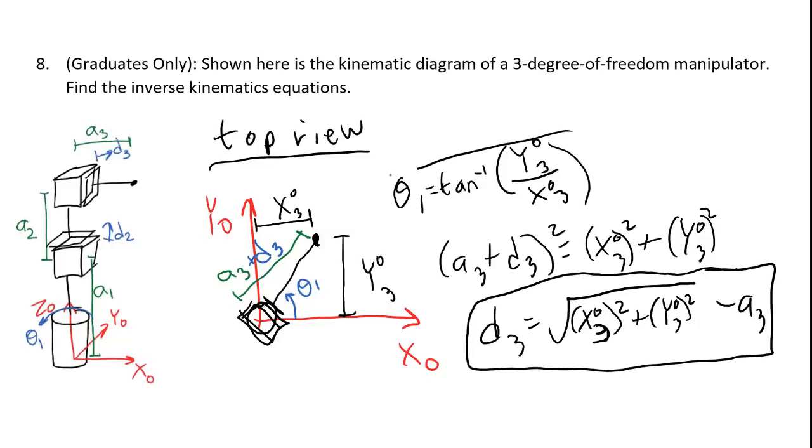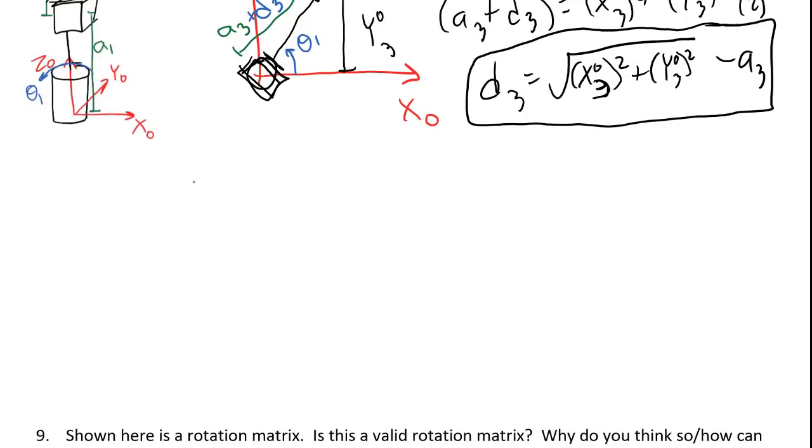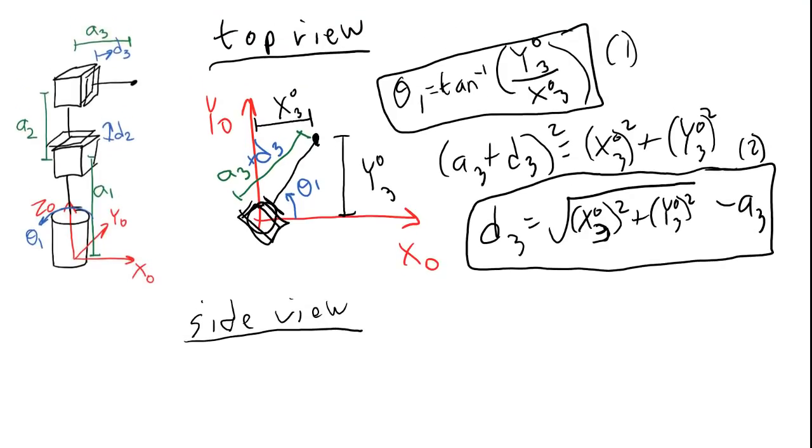So here I already have an equation for theta 1 and an equation for D3. I still need an equation for D2, and in order to get that, we're going to have to use the side view. So let's do the side view. In the side view, I'm going to look at this manipulator in such a way that my view is perpendicular to this link.